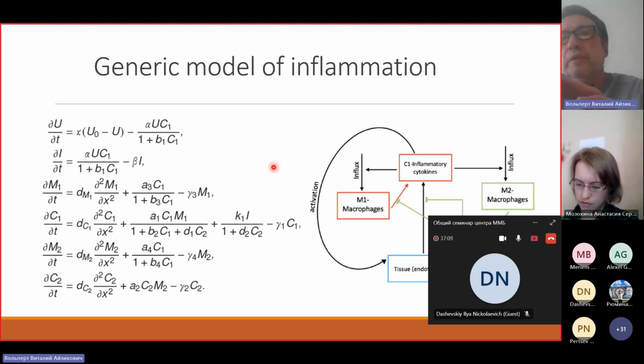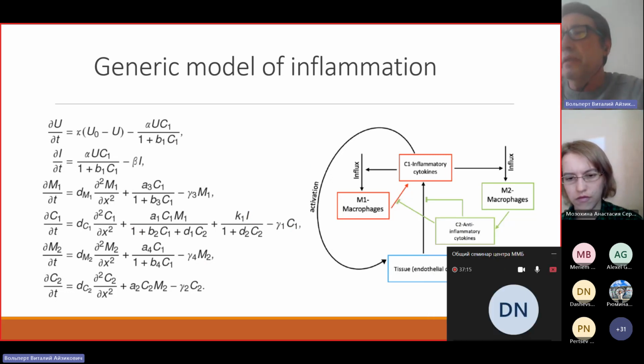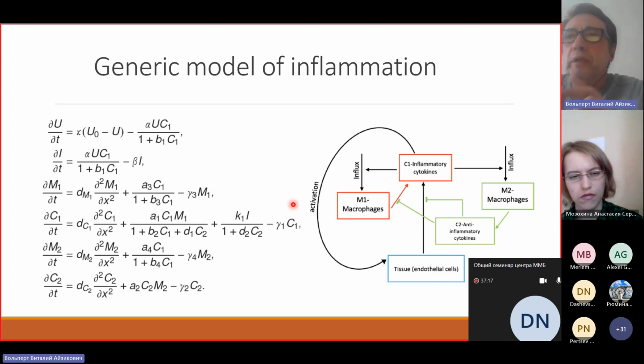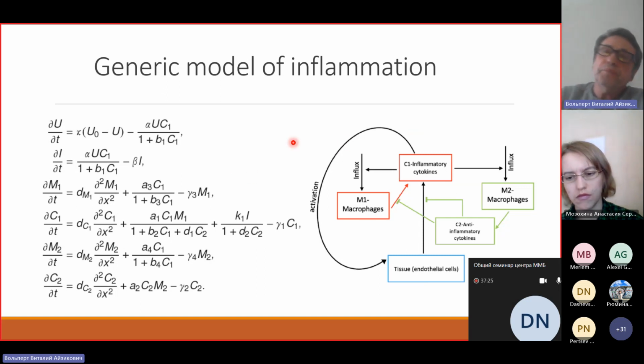I will not describe in detail all these right-hand sides. You can easily imagine that these equations describe production or elimination of all these cells and cytokines, and this corresponds to this scheme shown here.